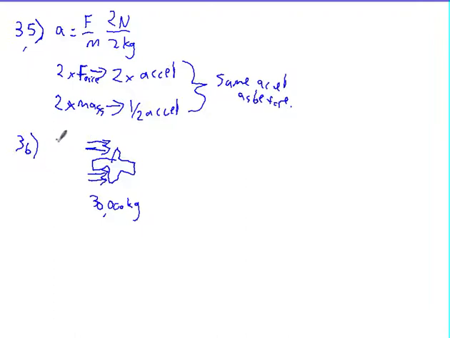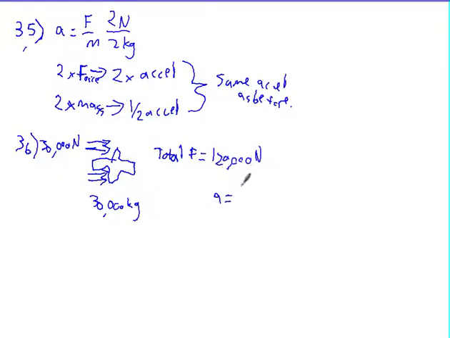Some people hate these. So each one of these engines has 30,000 newtons of force. So you have a total force, or a net force, equals 120,000 newtons. You see a common theme?